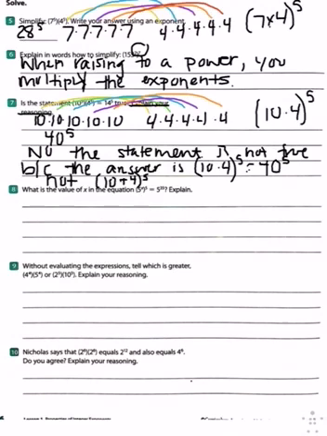Number 8. What is the value of x in the equation 5 to the x to the 5th equals 5 to the 35th? Explain. So, we know when raising to a power, you must multiply the exponents.